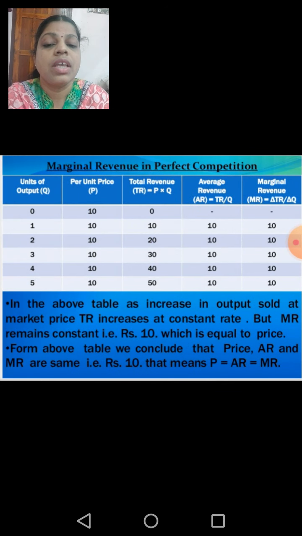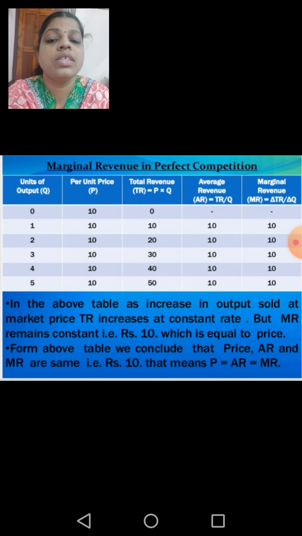Yes, here we can see, children, this is the schedule where the values of the marginal revenues are found. What is the formula to find out the marginal revenue? The formula is marginal revenue equals delta TR by delta Q. Delta means the change.